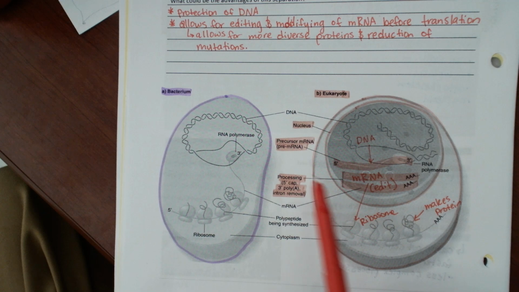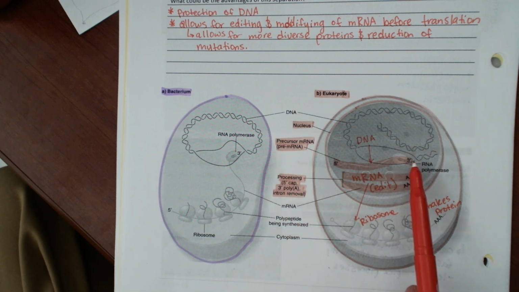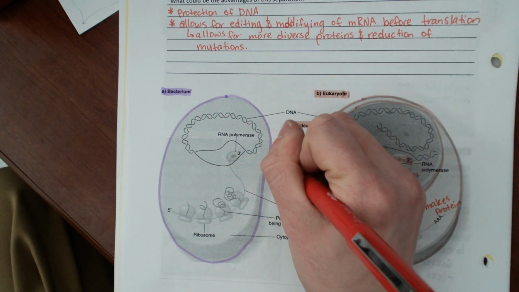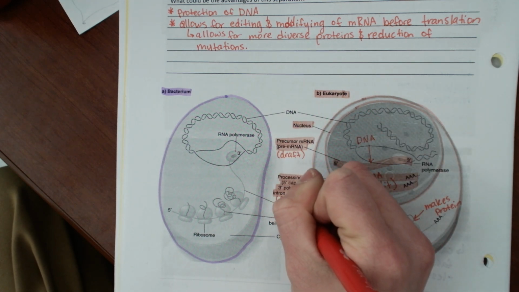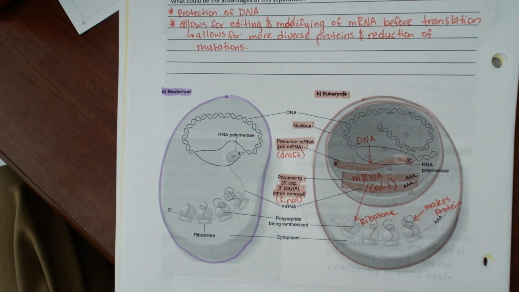So you have your precursor mRNA, which is like the draft version. And then this is your final, which is what eventually leaves.